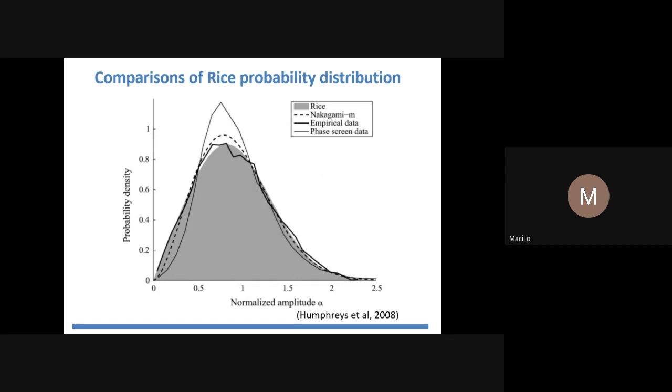And this last thin line is the probability distribution considering this model, the phase screen data.